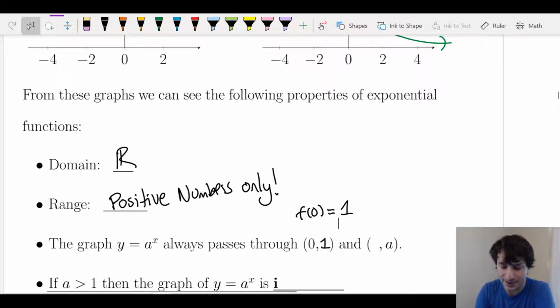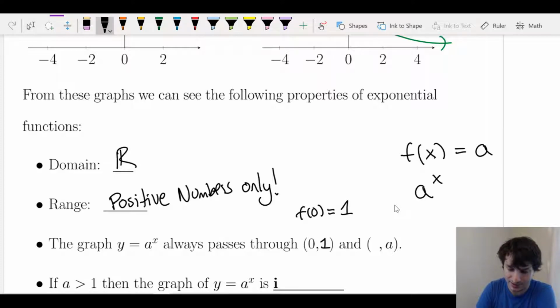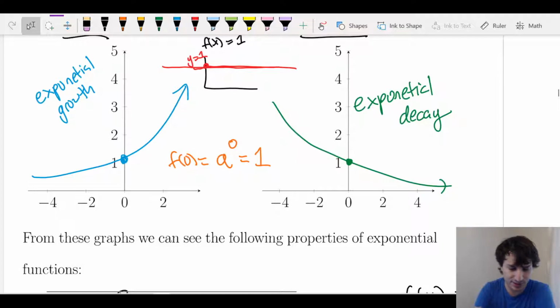And then, blank, comma a. So when is it passing through a? We want f of x equals a. That's saying a to the power x equals a. So when would it have a y value equal to a? Well, that would happen when the x value is 1. So when x equals 1, you can retrieve the a value from here. You can see here it's a little bit higher than 1.